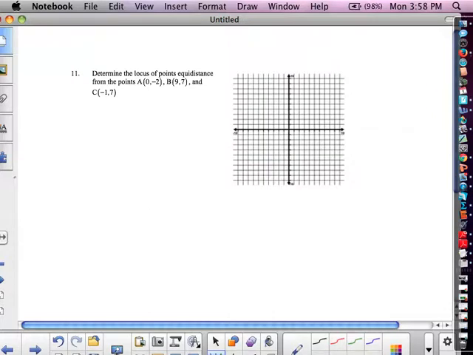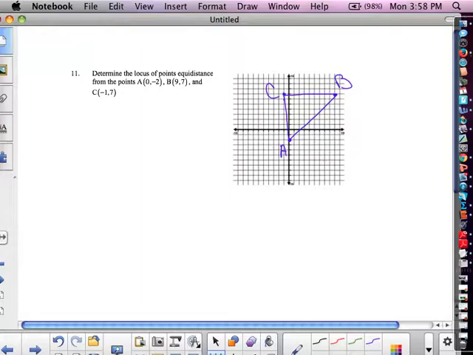And those 3 points are 0, -2, and that's A, 9, 7, that's B, and then -1, 7, that's C. Okay, and you can check and see if that's a right angle.